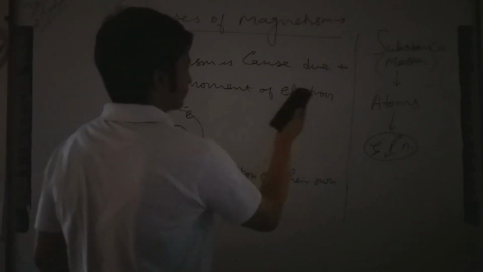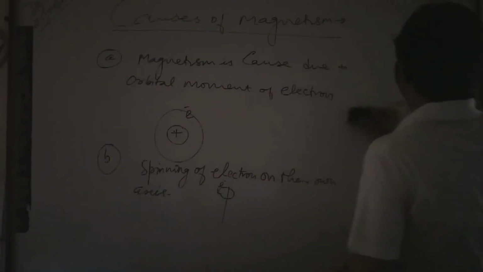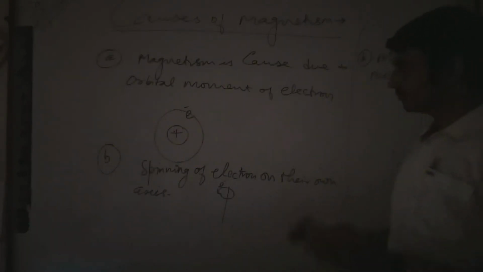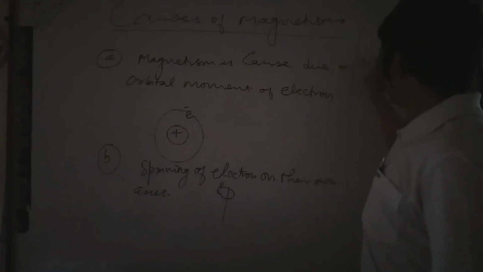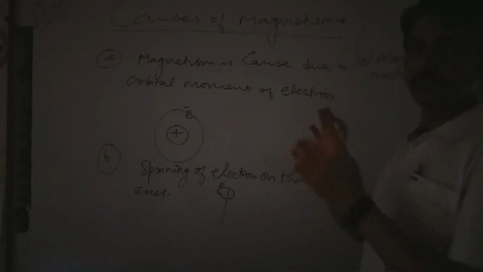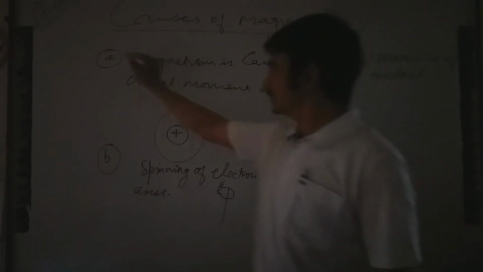Now, the third cause of magnetism will be movement of the nucleus. But among these three, the large or major contribution is only of this A part.